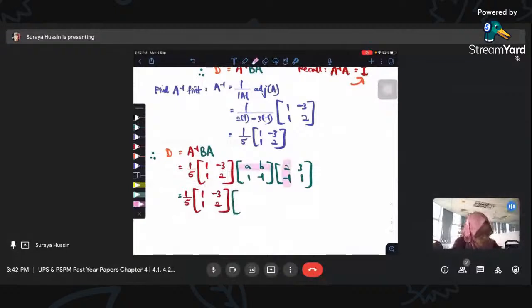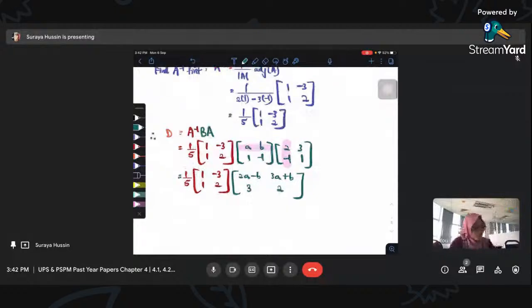I will get here 2A minus B, 3A plus B, and then here is 2 plus 1, which is 3, and here is 3 minus 1, which is 2. And then sambunglah lagi, cari pula here and here.